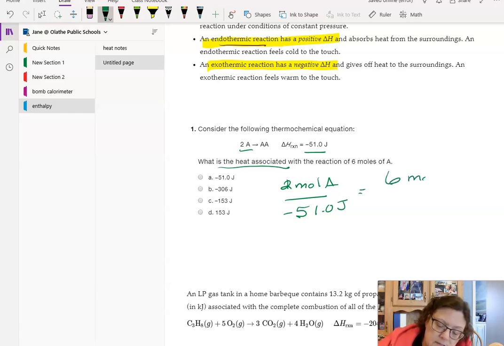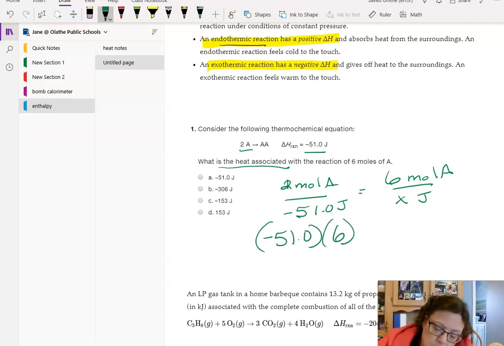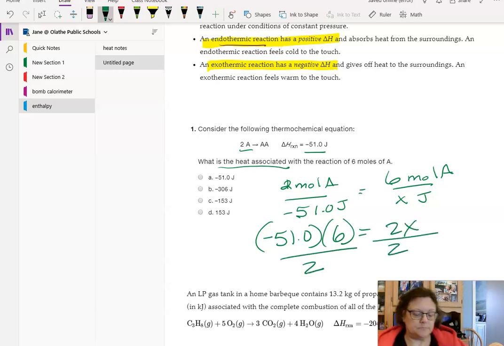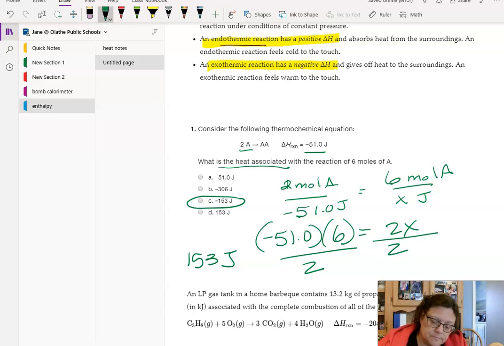So if we're talking about 6 moles of A, how much energy will that be? Cross multiplication. So we do the math. 51.0 times 6 divided by 2, 153 joules. The energy is being given off, so there's your answer.